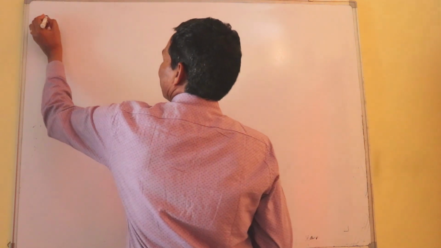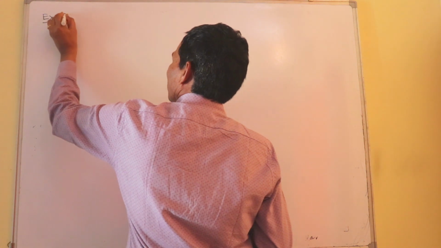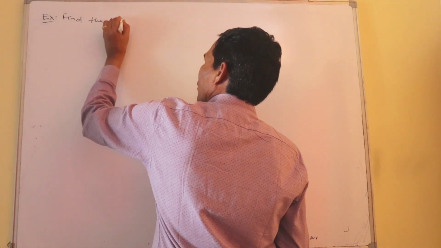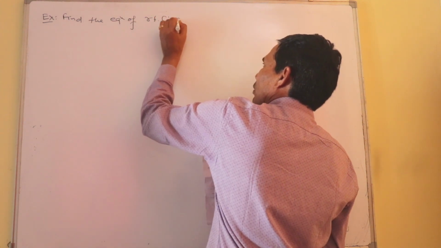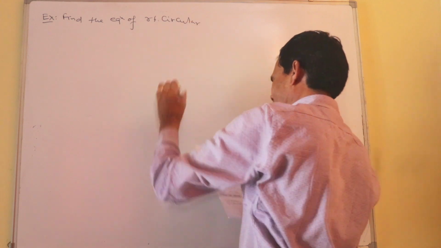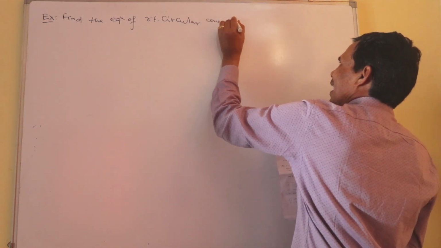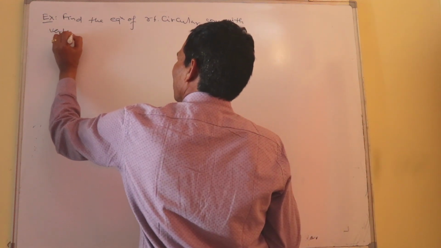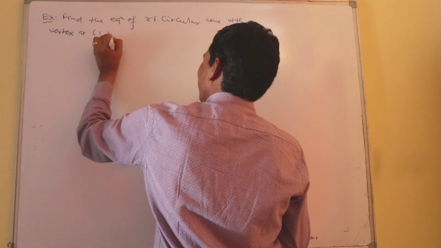First example. Find the equation of the right circular cone with vertex at (1, 2, 3).